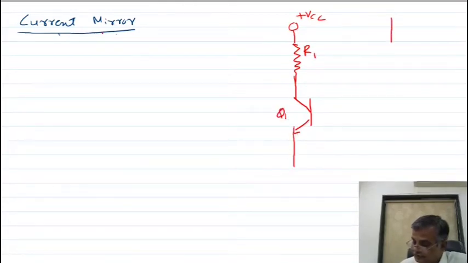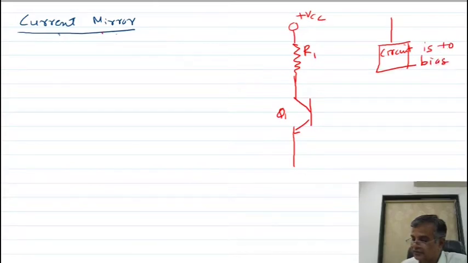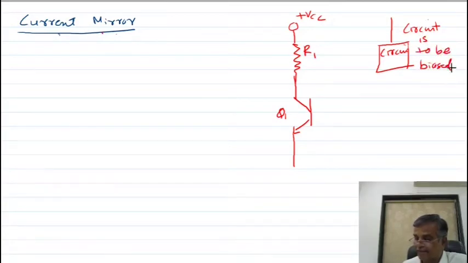Here I am keeping a box, which is the circuit to be biased, the circuit through which you want to pass the constant current.